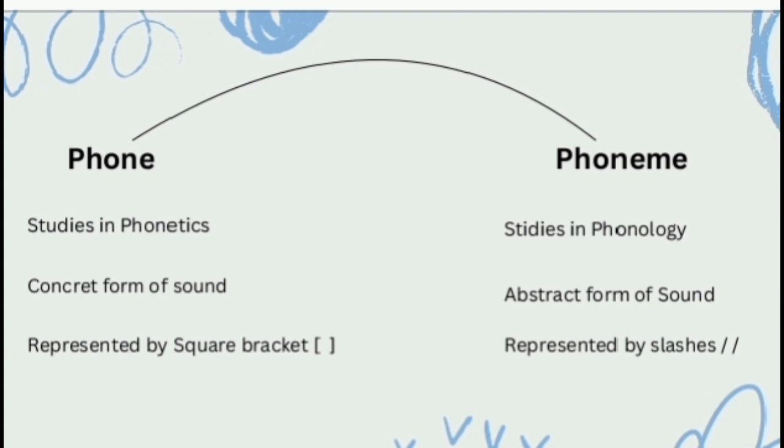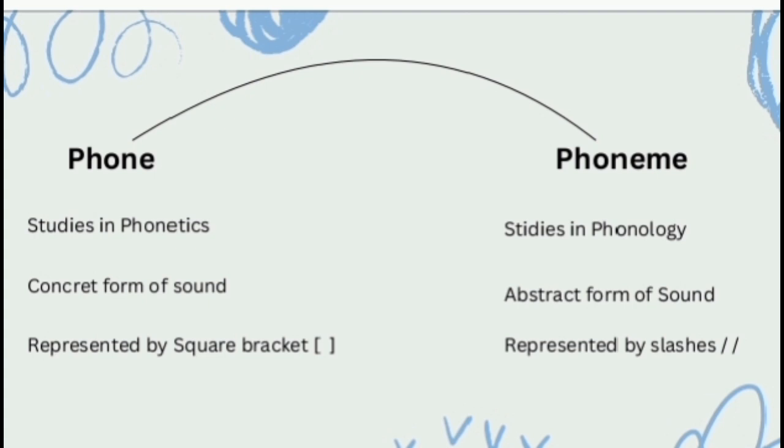Then we have symbols. How can we know whether this sound is a phone or a phoneme? We represent phone and phoneme by a small letter. So how can we know whether a p or b or a small letter shows phone or phoneme?